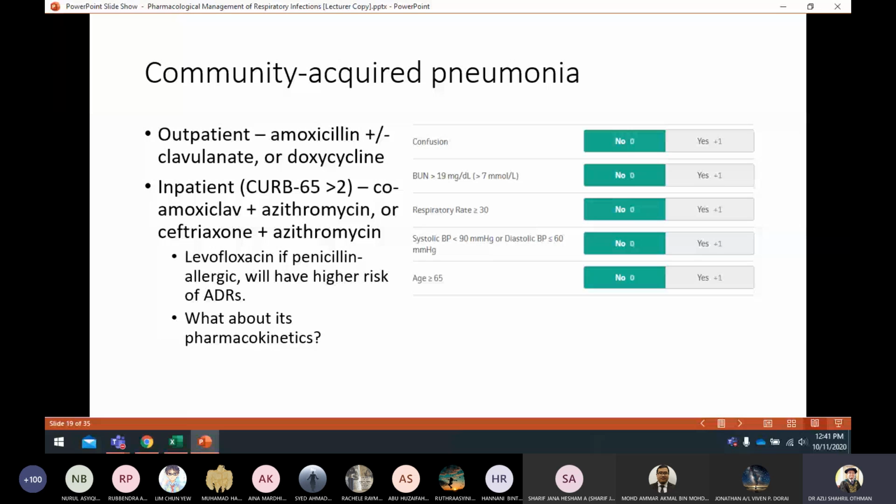Anyone? Remember, pharmacokinetics is ADME. So it's got something to do with absorption, distribution, metabolism, or excretion. Anything that you need to consider when giving a patient levofloxacin or any kind of quinolone.